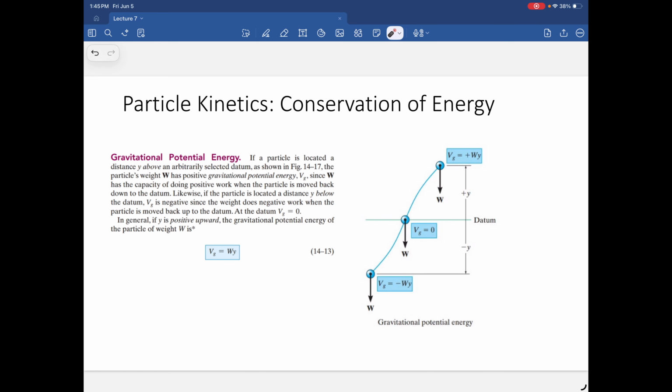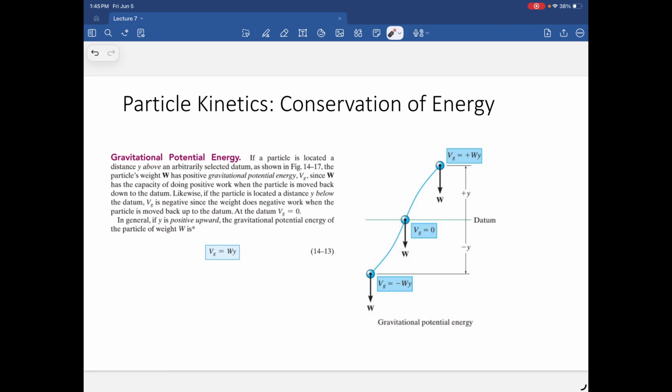All right, so for the gravitational potential energy, we need to set a datum where we consider the potential energy to be 0. So anything above the datum would have positive gravitational potential energy, and anything lower than the datum would have negative potential energy.